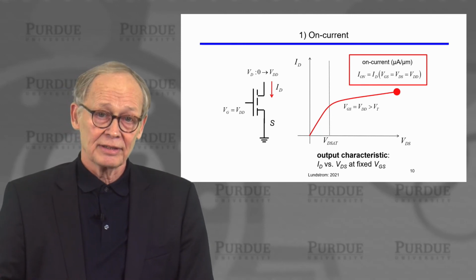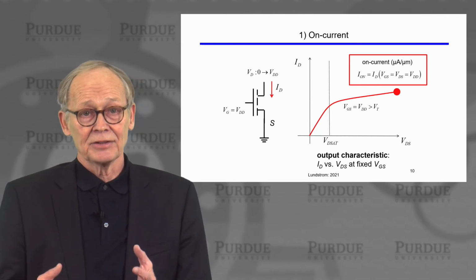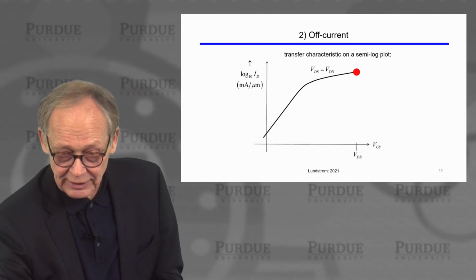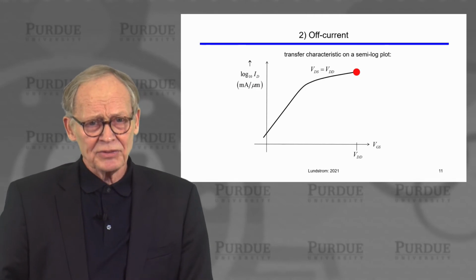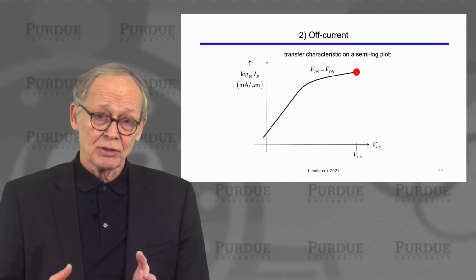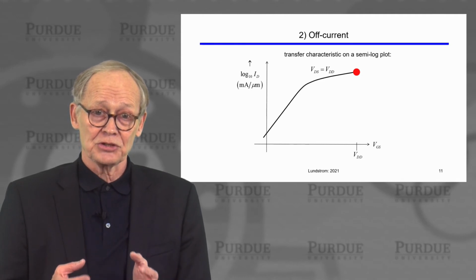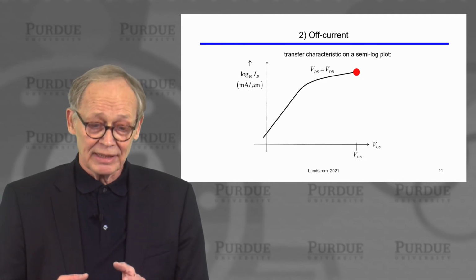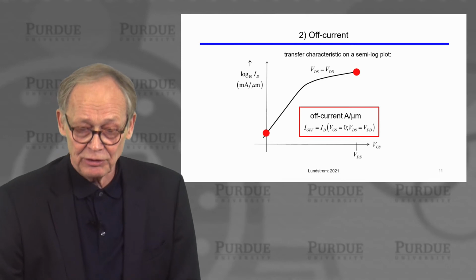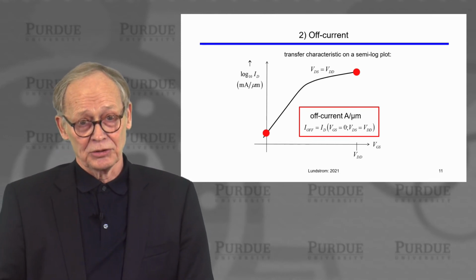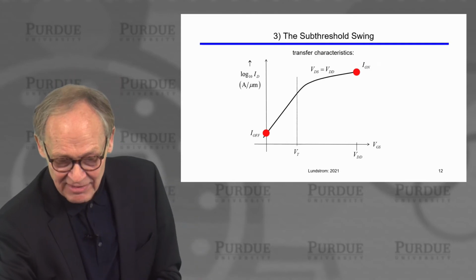The resulting current in the transistor is the on current, and that's an important number to know for digital electronics. The off current, well, if we have a low voltage on the gate, lower than the threshold voltage, the switch should be off. It isn't completely off. There is some current there. We call that the off current. We'd like that to be as small as possible.